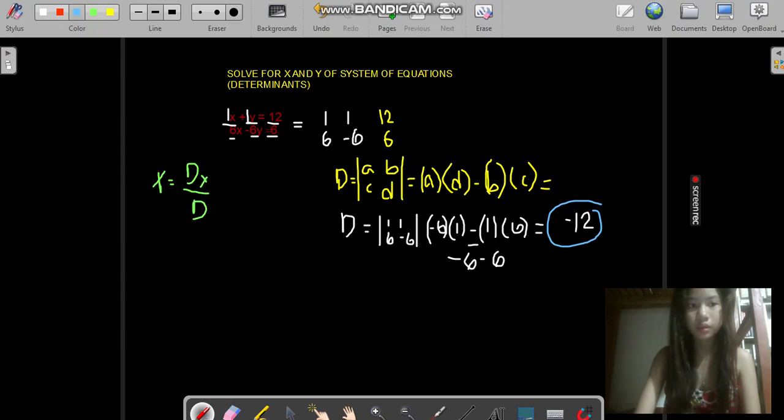The formula for y is y equals Dy over D. We already have D, which is -12, so we just need to copy it. In the denominator, we need to write -12, same as for y, which is -12.